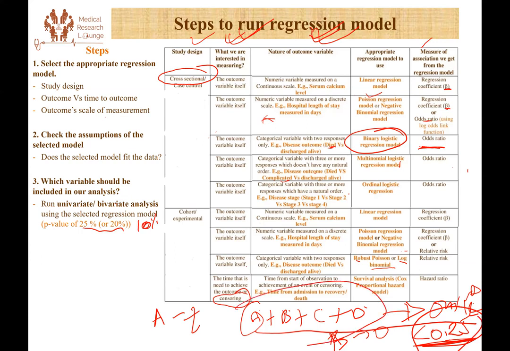If in a one-to-one relationship, our variable passes these criteria, then we will consider it to be included in the final regression model here. So sometimes relying on statistics all in all is not appropriate. Let's say, for example, smoking is a causative agent for lung CA.